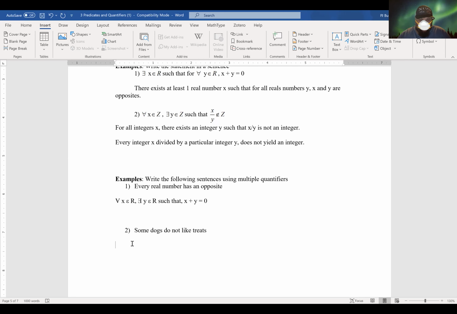Now, this one actually does have two things. It says some dogs do not like treats. So it should be pretty easy to pick out the dogs part, right? So some dogs means there exists, and we can use D if you like, D that's an element of dogs.